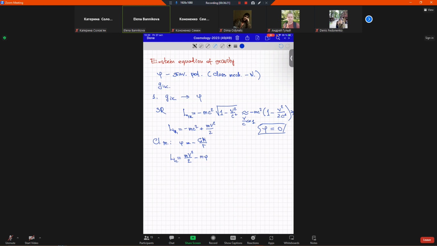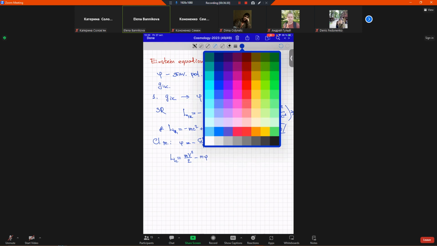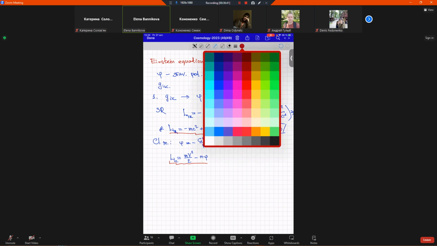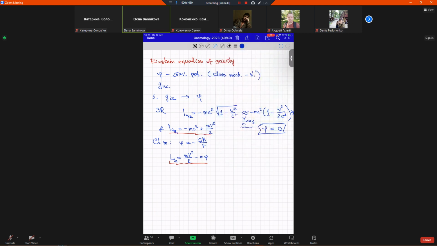So exactly this part, this one. If we look at this expression and this expression, in principle, we can understand how to join together the part which is related with special relativity and the part which is related with classical mechanics. So it's like a trick. So we can write like this.